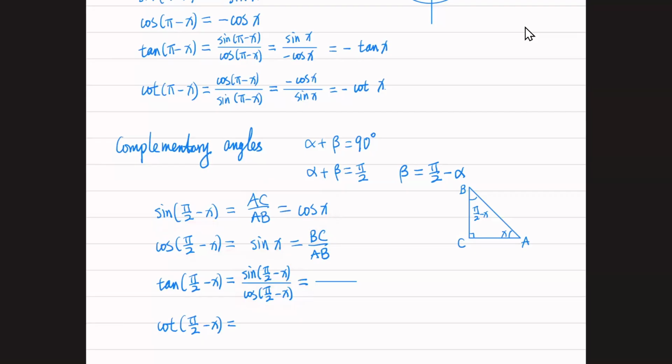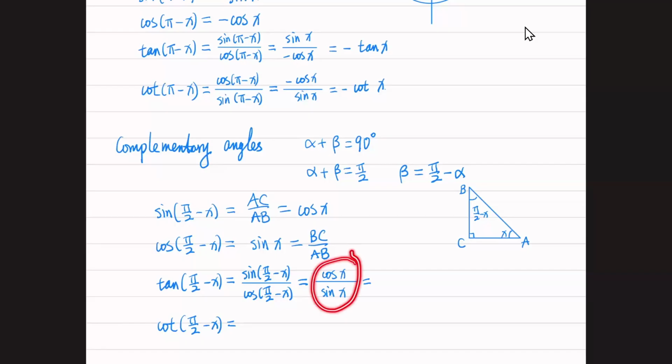What do you get? Cosine x divided by sine x. What's the quotient? Cosine over sine. Tangent or cotangent?